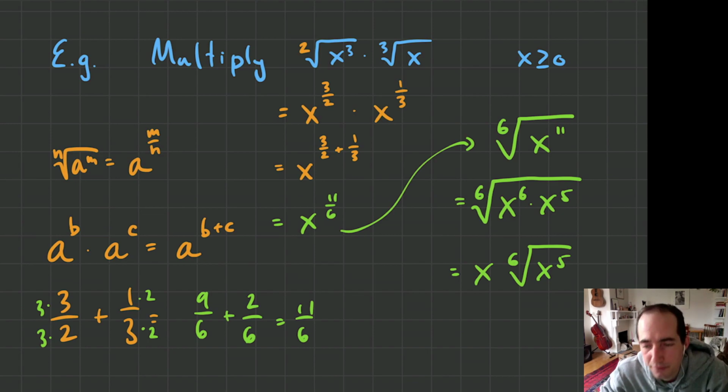And that's perfectly simplified. So that's the way that we can think about multiplying radicals that have a different index: just convert it into a fractional exponent, and then all the work is just adding fractions. That's what I prefer to do.